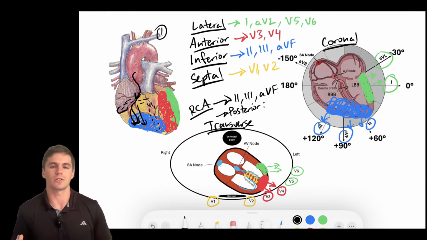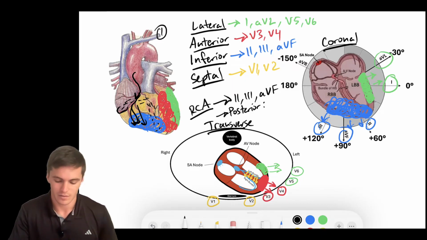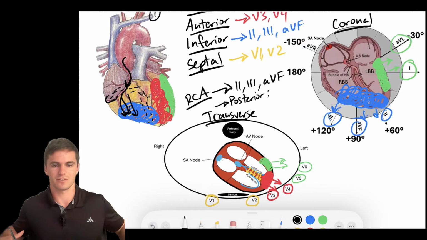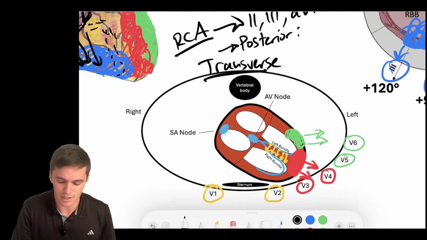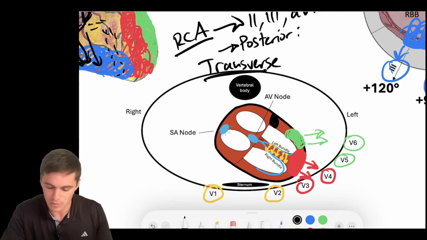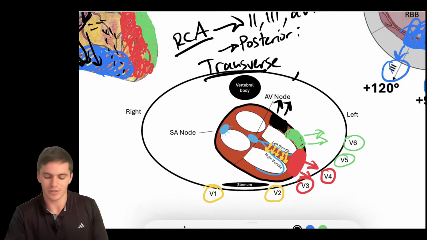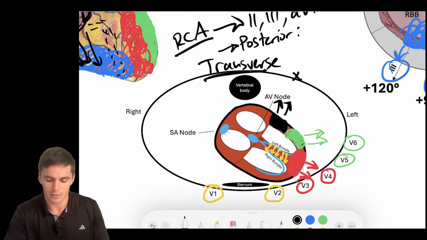So the right coronary, we're also going to get posterior 80% of the time, but I didn't tell you that there's a posterior lead. There's not, right? The back of us don't have leads on us, right? But if we look at our transverse plane, this is what's interesting. The posterior myocardium, if I was going to draw it in black, would be right here. So force heading towards the posterior myocardium is heading posteriorly. We don't have a lead that is back there.